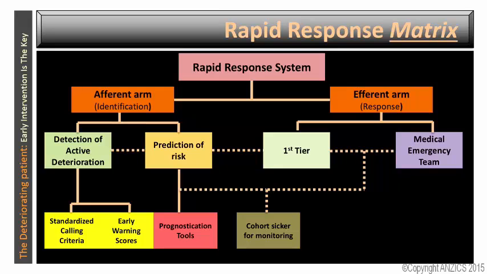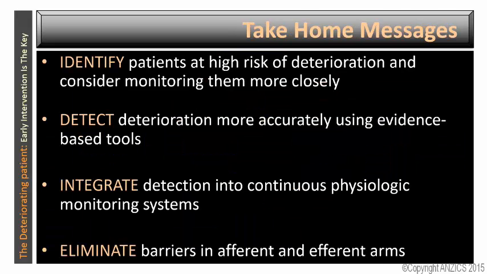Looking to the future, rapid response teams should be taken as a matrix, where not much burden is given only on the efferent arm, but it's looked at as a group, as a matrix, in trying to save patients and detect deterioration a bit early.